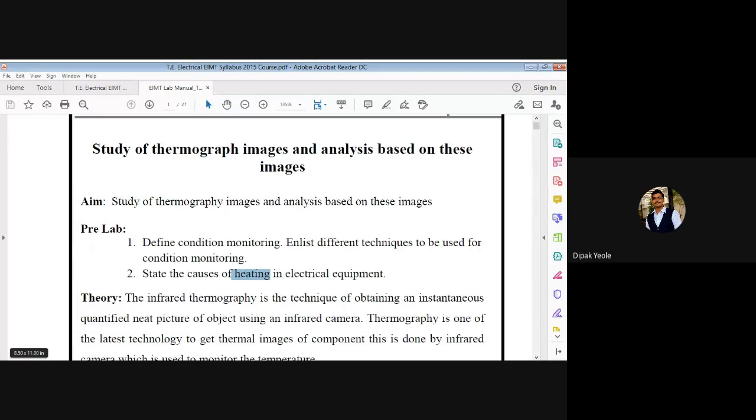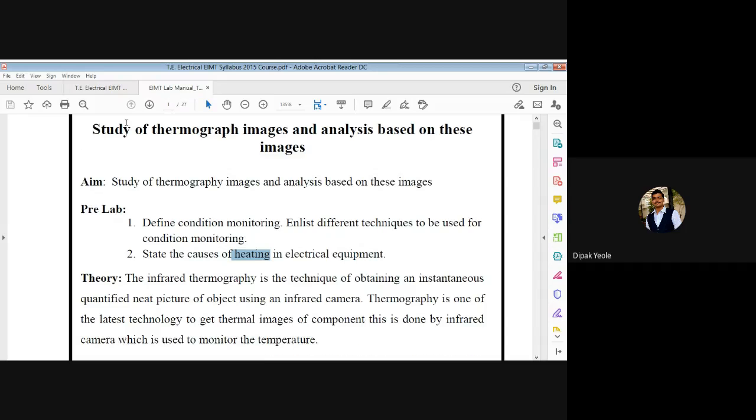That is an interesting motto which engineers have developed for thermography analysis. So we are interested in the working of thermography images, how these images are produced with the help of thermography cameras, and we want to do the analysis.